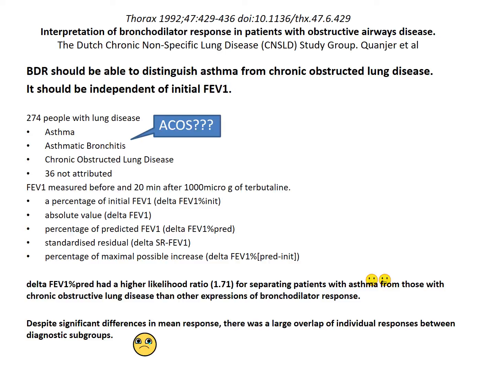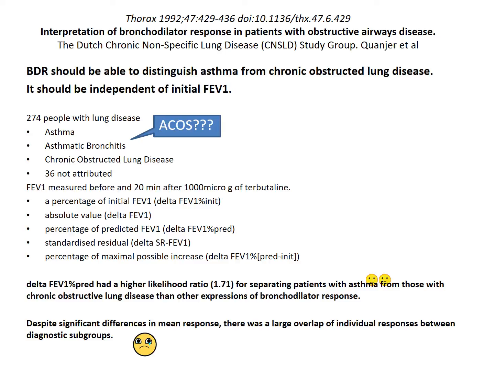Anyway, they looked at the bronchodilator response expressed a number of ways, and you can actually read what they did here. The best likelihood ratio was one that utilized the FEV1 change in the percent predicted, and they found a change of 9% in that particular measure was the most useful.